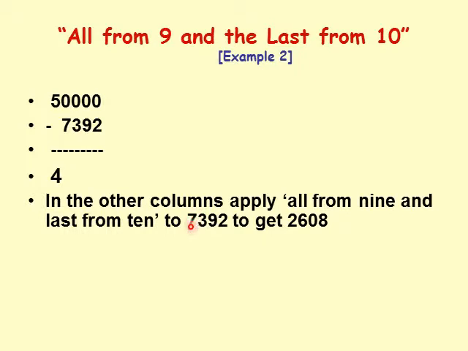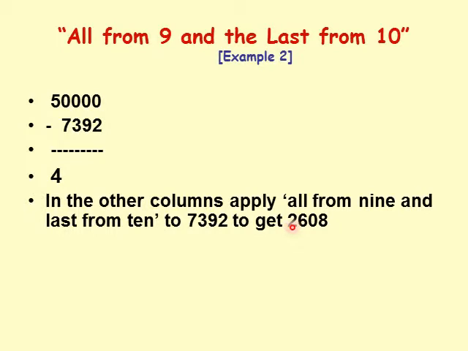So where 7 is, 7 from 9 is 2. 3 from 9 is 6. 9 from 9 is 0, and the last one, 2 from 10 is 8. So all from 9 and last from 10 of 7392 is 2608.